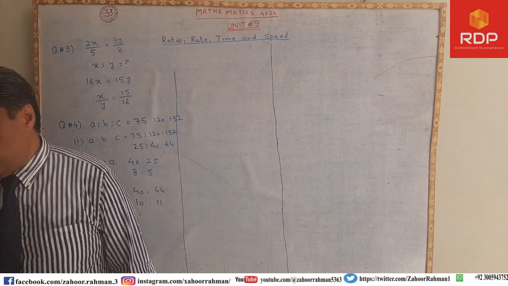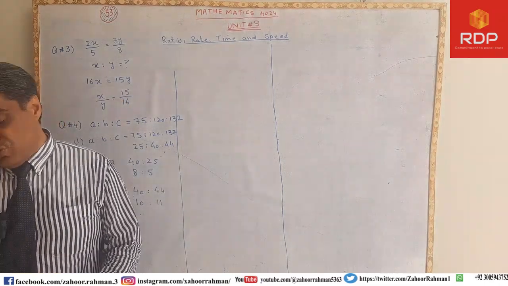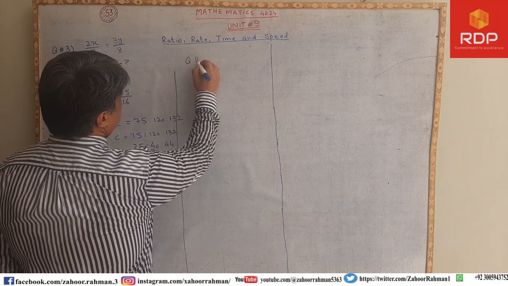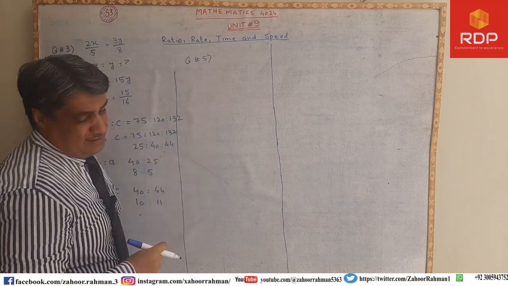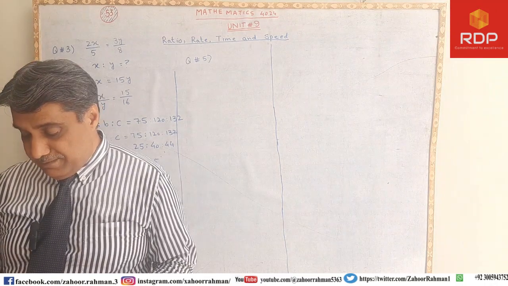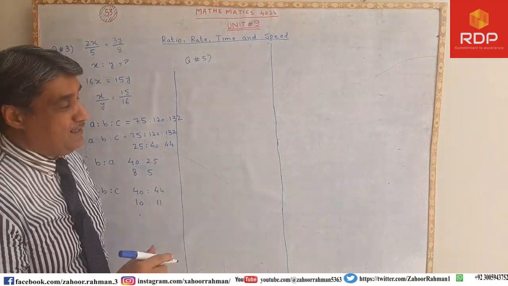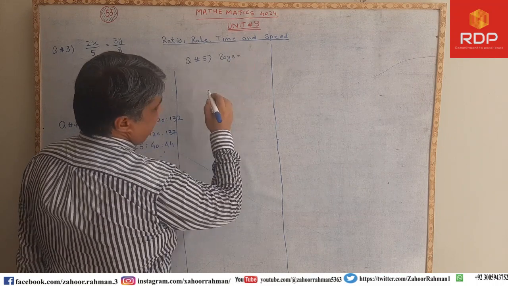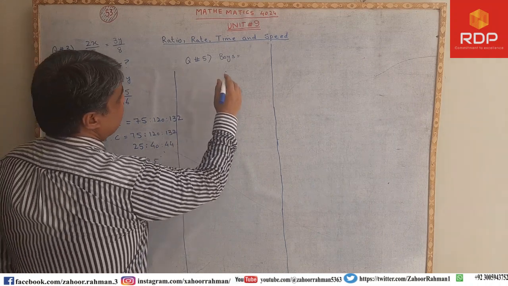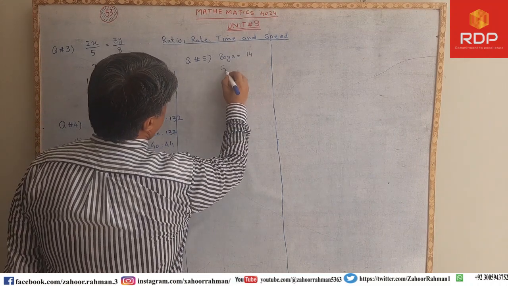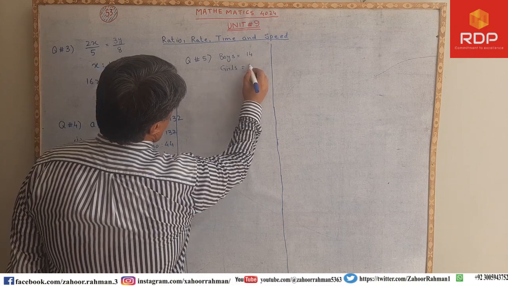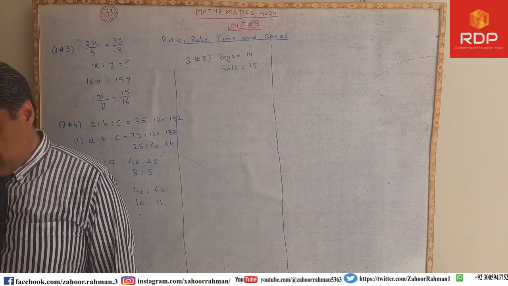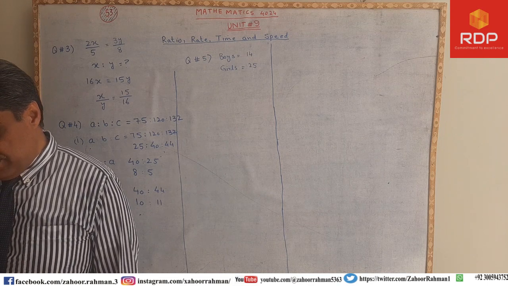Now we are going to turn our focus to question number 5. Question number 5 says that there are 14 boys and 25 girls in a school badminton team.